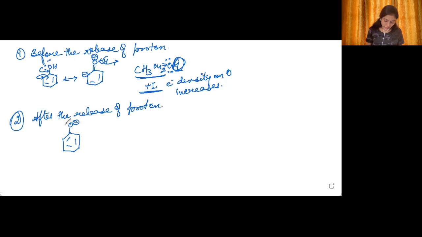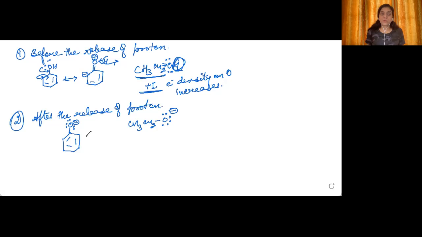So this is the phenoxide ion. In case of alcohol, that is ethyl alcohol or ethanol, ethoxide ion will be formed after the release of proton. Now, out of these two, whichever is more stable will be formed more easily.